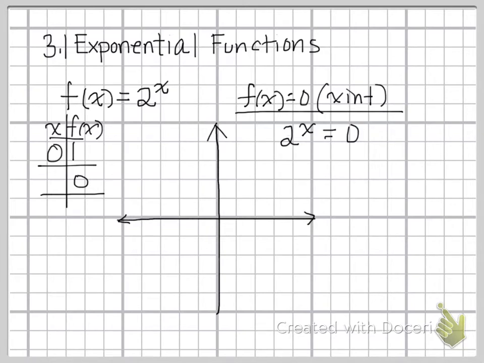We can examine this and think about what value of x would make this expression come out to 0. 2 to what power is equal to 0? You may know that there's no power to which I could raise 2 that will come out to 0. So the x-intercept here is not going to exist.